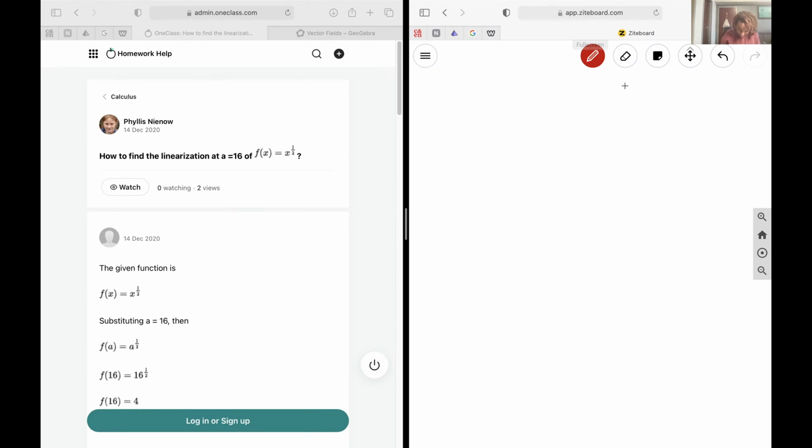So the general formula for this one is that the linearization at a point a, b of a function that takes x and y coordinates is going to be the function evaluated at a, b plus the derivative of the function with respect to x evaluated at a, b multiplied by x minus a plus the same thing but with respect to y, and that is going to be y minus b.